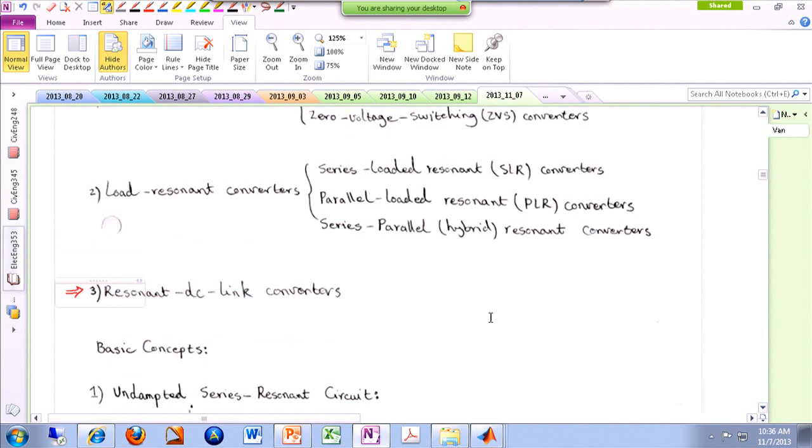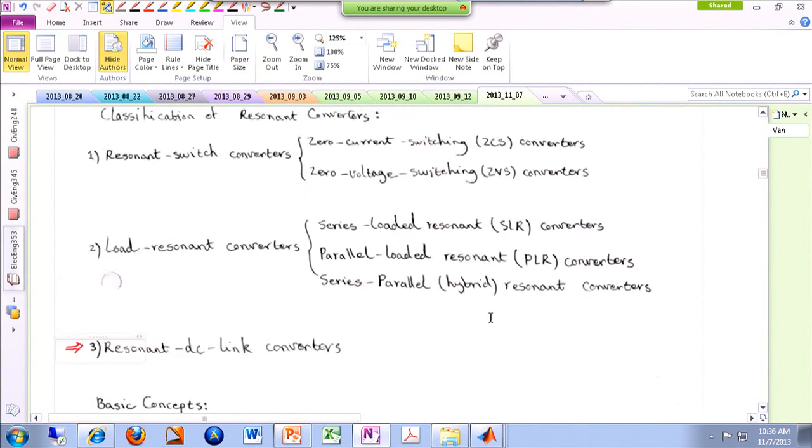So as it turns out, in order to achieve this ZVS and ZCS, we add a little bit of a cap, for instance, in parallel with our diode or with our switch. Or we add a little bit of an inductor and place that in series with our switch, those kind of things, to create some sort of a resonance behavior in the system.